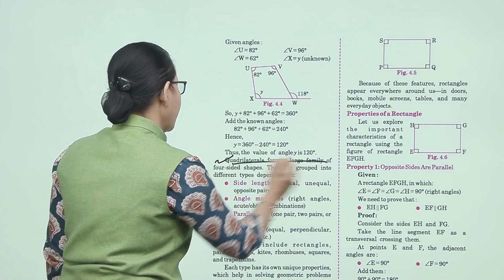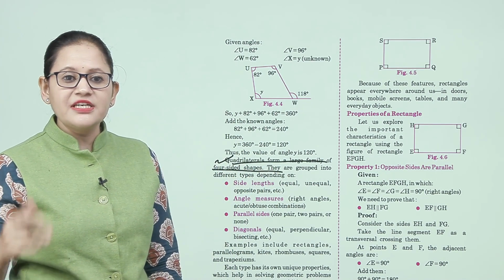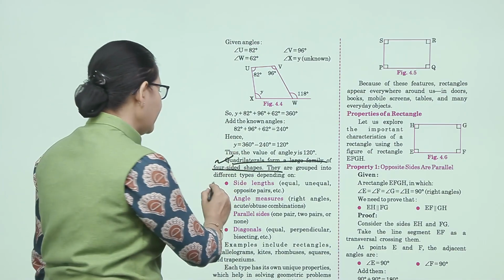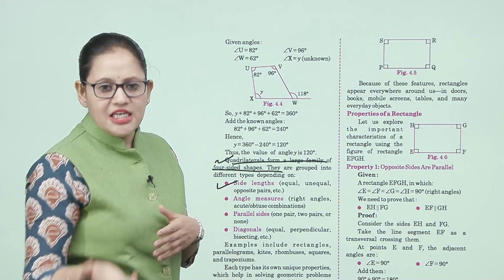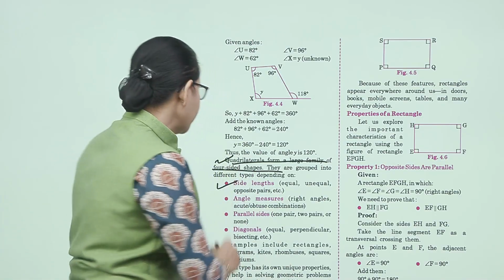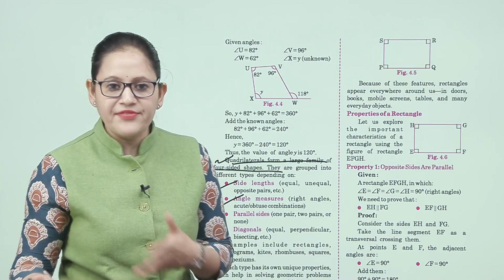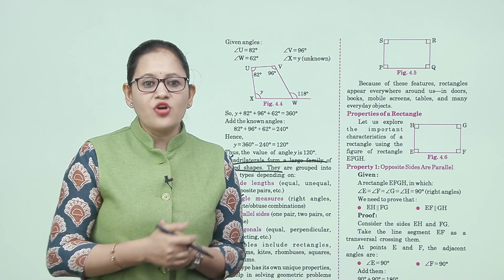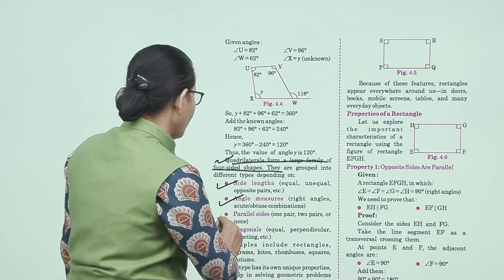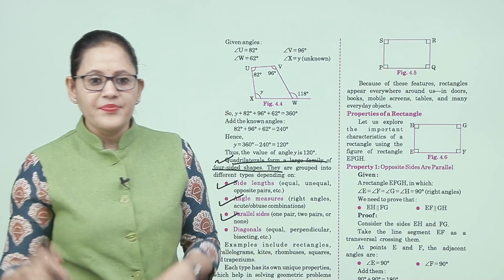Quadrilaterals form a large family of four-sided shapes. They are grouped into different types depending on side lengths, like equal or unequal sides, opposite pairs, etc. Angle measures: right angle, acute, obtuse. What kind of angles are there, or their combination. Next is parallel sides: one pair of parallel sides, two pairs, or no sides parallel.